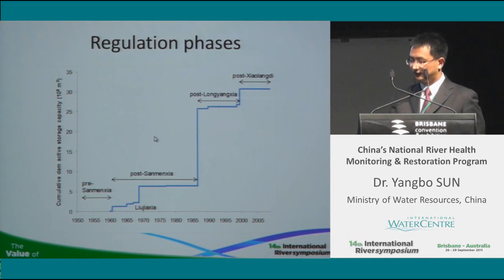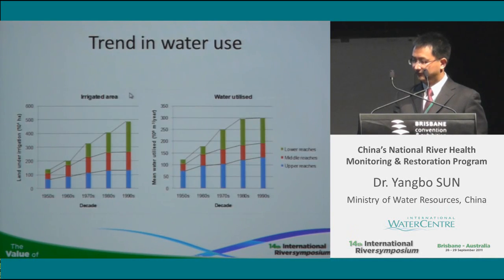This is basically the physical condition of this river, what we can provide. Because more than 12 large dams have been built on the river, we have enough regulation capacity. The total regulation capacity is more than 35 billion cubic meters every year, which covers more than 60% of the total annual runoff of the river. With this engineering capacity, we can implement an optimized environmental flow management program.